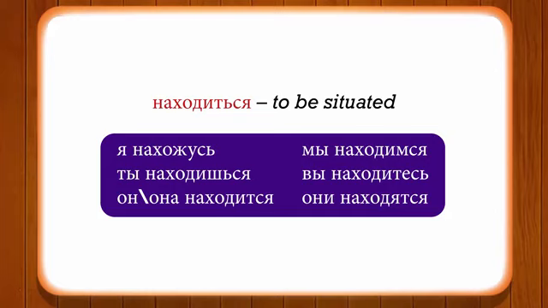Я нахожусь, ты находишься, он, она находится, мы находимся, вы находитесь, and они находятся. You can change it as per the requirement of the sentences. Now let's go ahead and pay attention to the verb находится and its nuance.